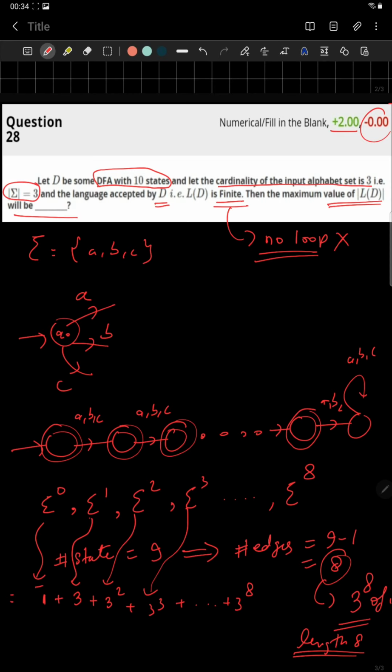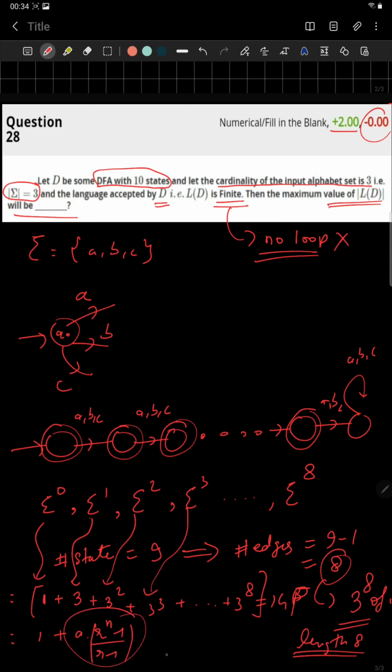So you can see that this is a GP, and you can solve it using the simple GP formula: a into r to the power n minus 1 upon r minus 1.